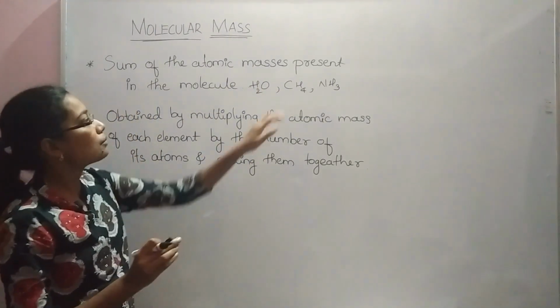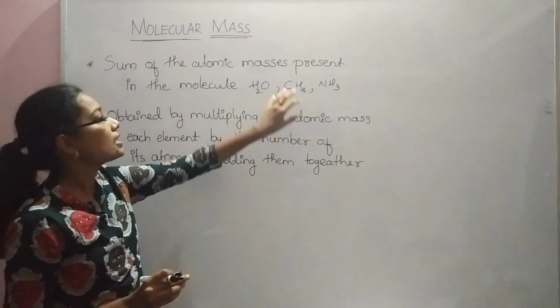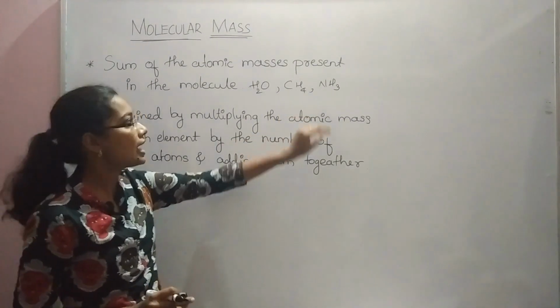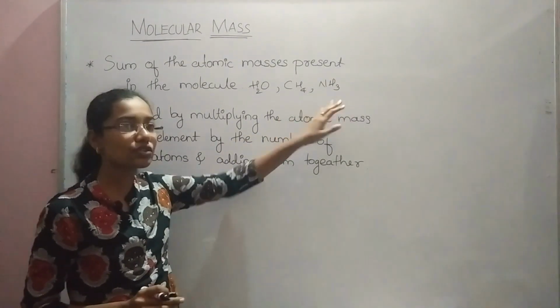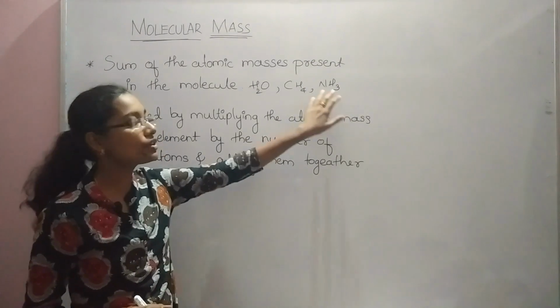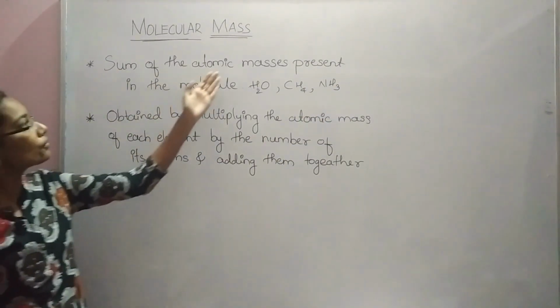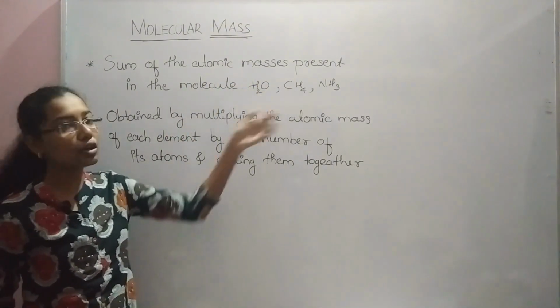The molecular mass of methane is the sum of the atomic masses of carbon as well as hydrogen, and ammonia is also the same, the sum of atomic masses of nitrogen as well as hydrogen. So it is the sum of the atomic masses present in the molecule.